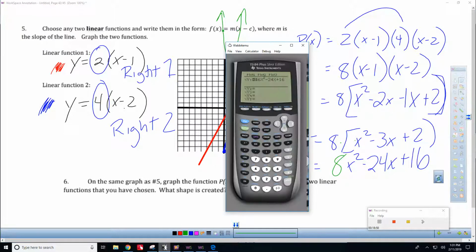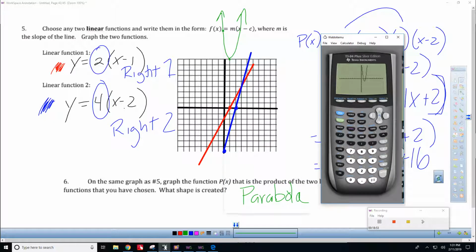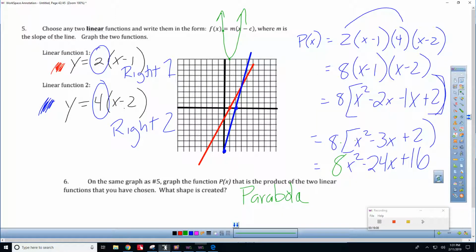Now let's go back to our graphing calculator and change this to an 8. And watch what that does to our graph. It shifts it down big time. Okay? Now when we go to our table, these are still our x-intercepts. Okay?